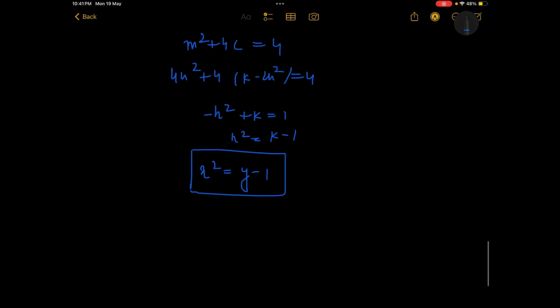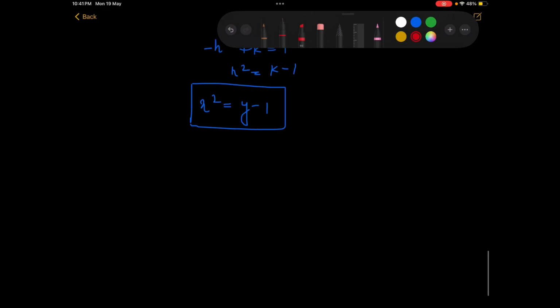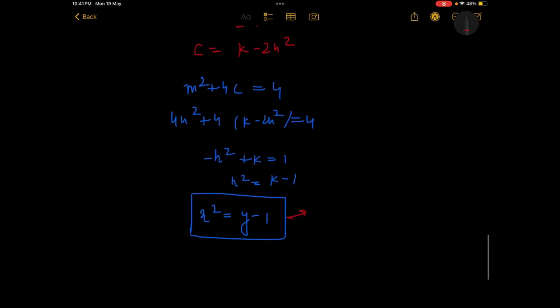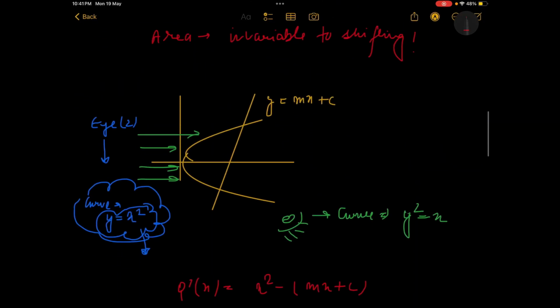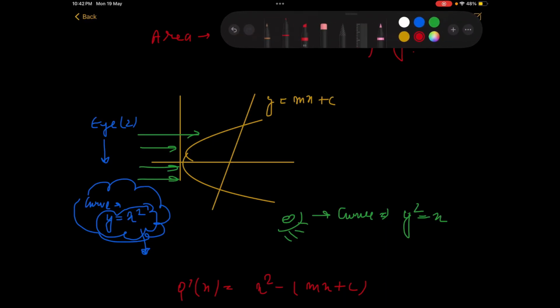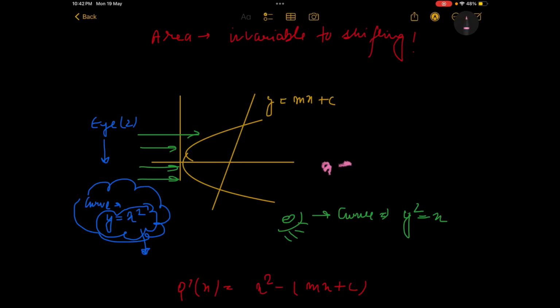But this is for observer 2. As we have solved in the reference frame of I2, now we need to change x to y for our original equation.